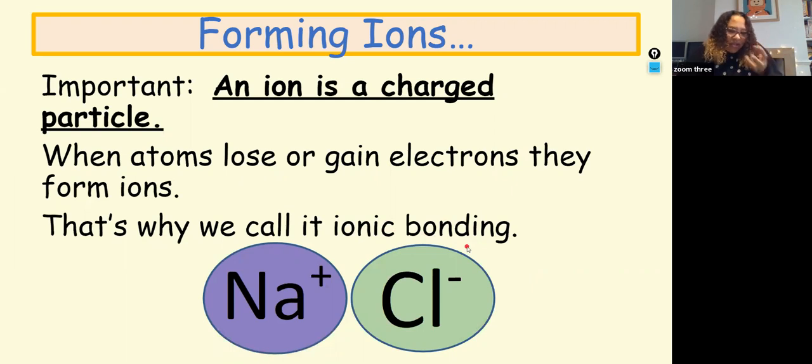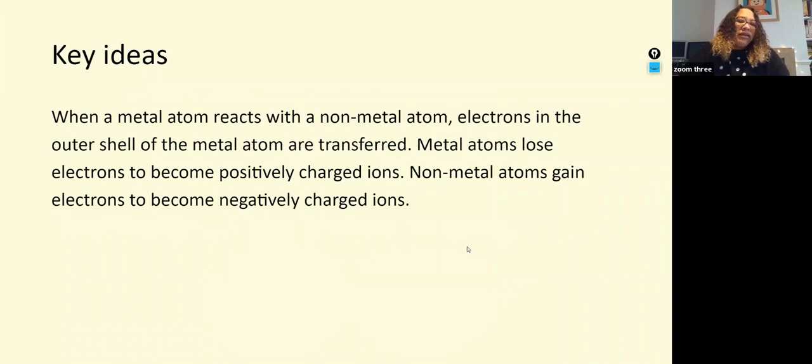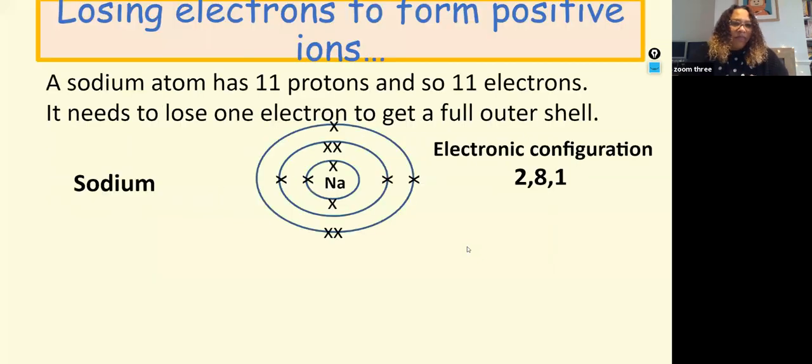It's these charges attracting each other. So key ideas. When a metal atom reacts with a non-metal atom, electrons in the outer shell of our metal are transferred. Metals lose electrons to become positively charged ions. Non-metal atoms gain electrons to become negatively charged ions. This will all be here for you to refer back to.